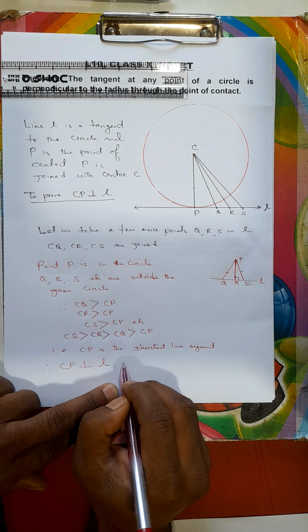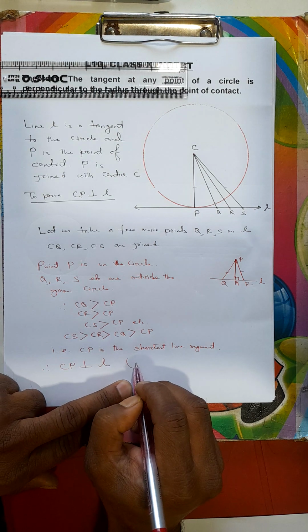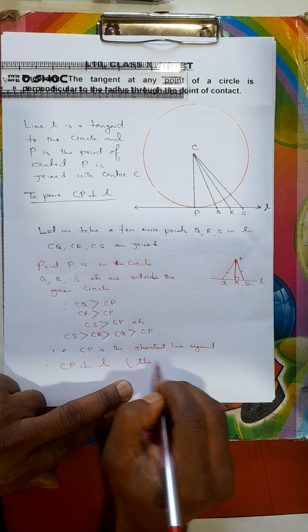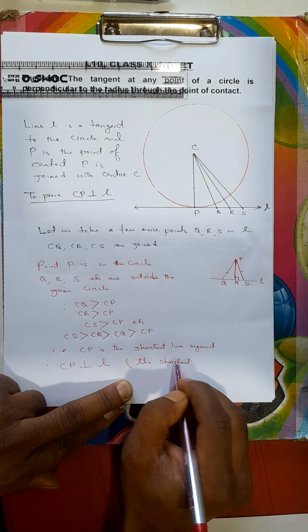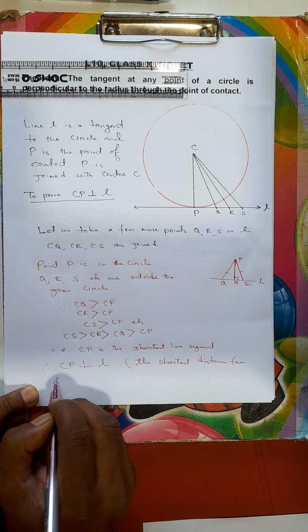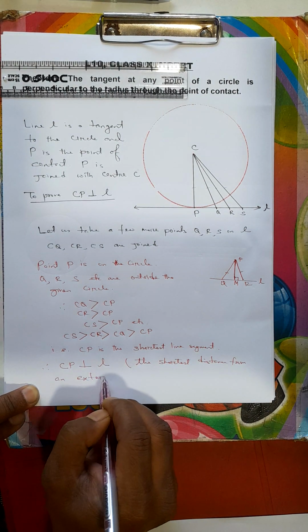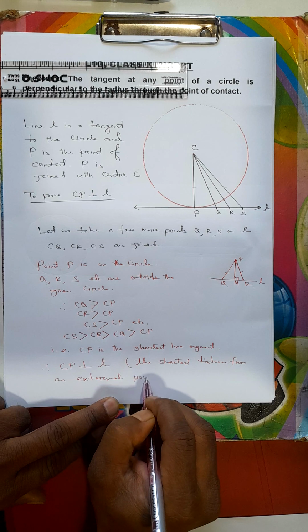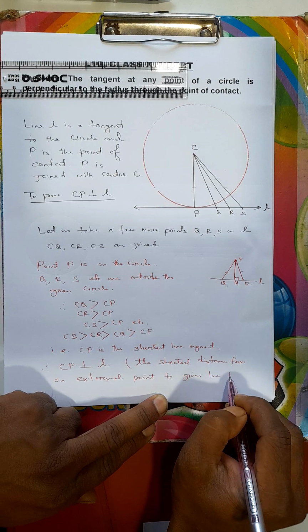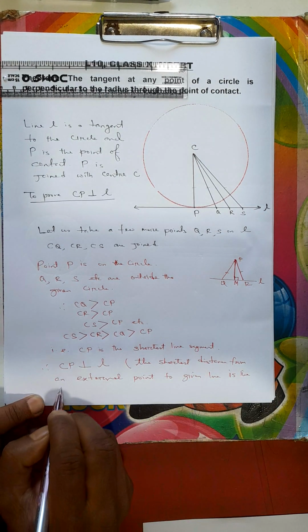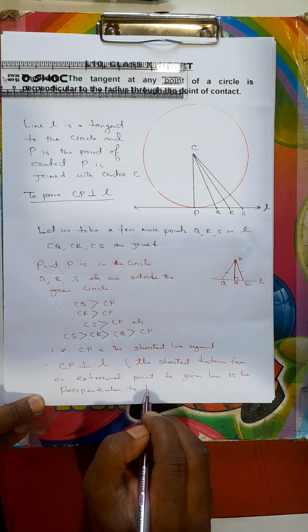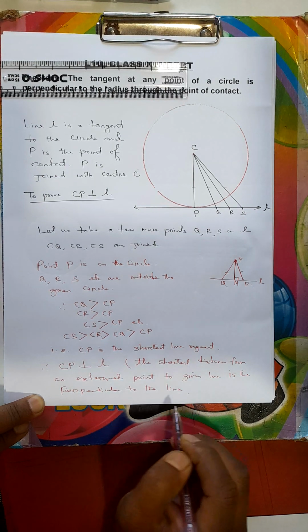You have to mention here the shortest distance from an external point to a given line is the perpendicular to the line, right?